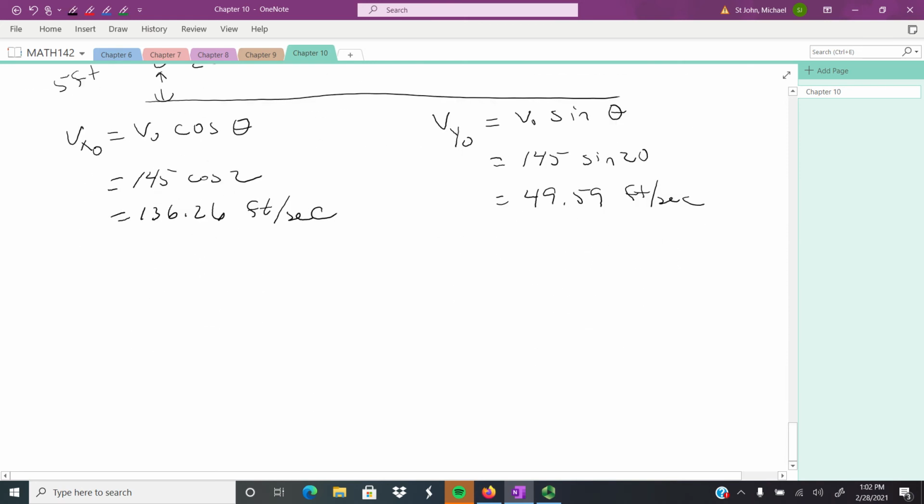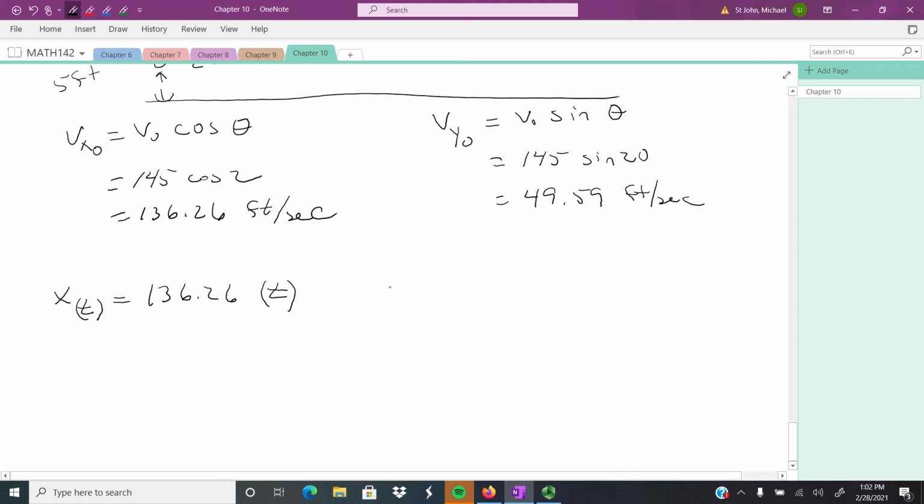So where's the position of my object then? Well, x of t, the position relative to time, is given by the velocity in the x direction times the time. And then the y direction, well, we have gravity pulling this down.